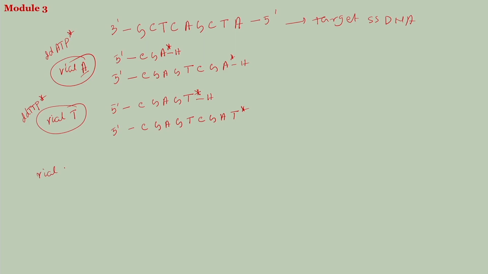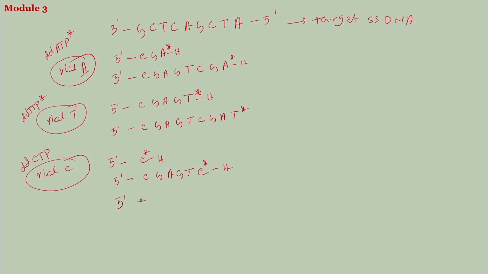Third one is vial C, where you have added ddCTP. What are the fragments? Here the C would be picked up, and therefore it will be stopped. 5 prime C G A, this is your G, then comes T, and here is a C. It will stop there.